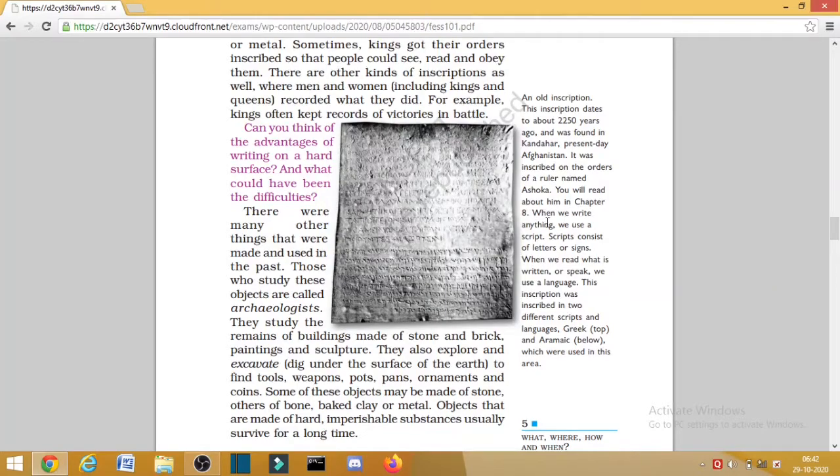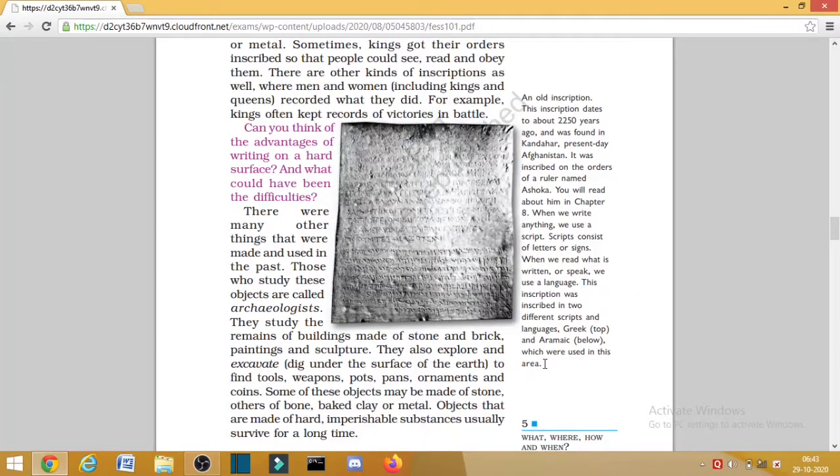When we write anything, we use a script. Scripts consist of letters or signs. When we read what is written or speak, we use a language. This inscription was inscribed in two different scripts and languages, Greek on top and Aramaic below, which were used in this area.